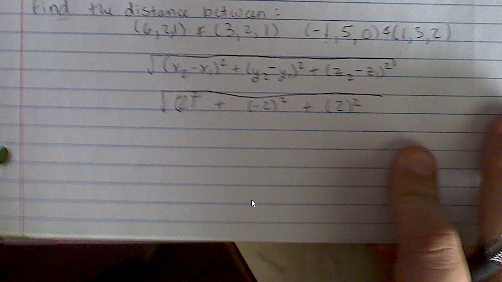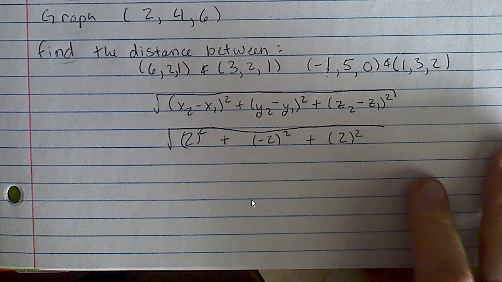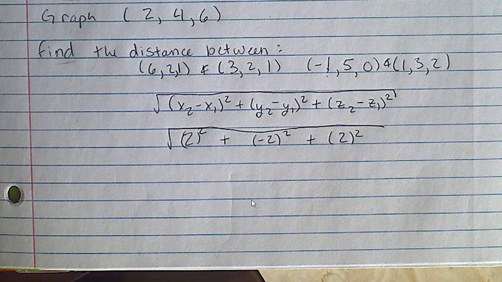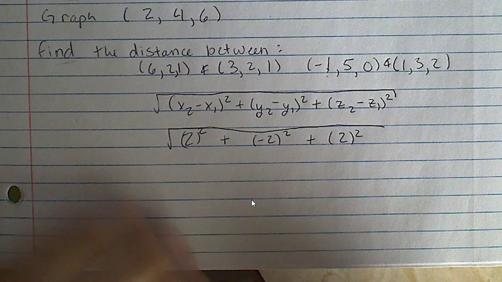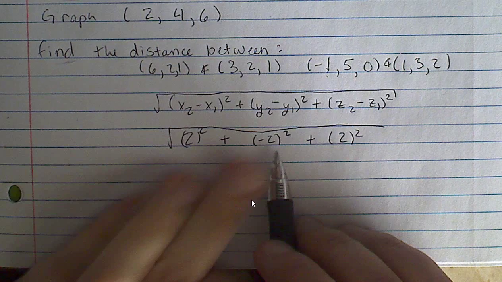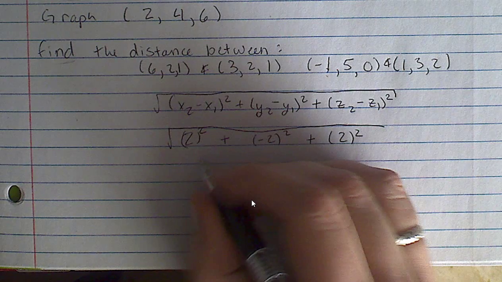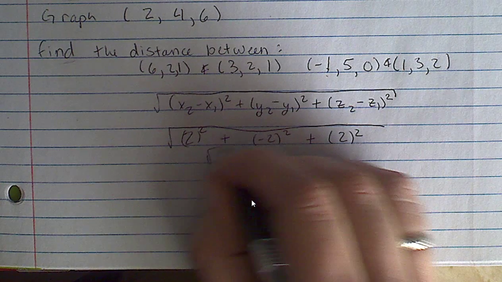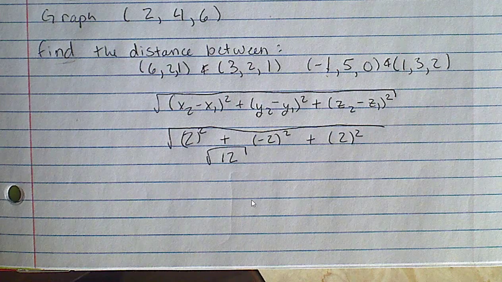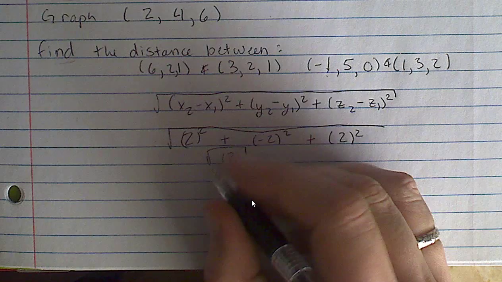I'm trying to get it so it's not going to immediately fall over. Okay. So this is going to be 4, 4, and 4. So this is going to be the square root of 12. I got 2 radical 3. You are right. Square root of 12 is 2 radical 3.